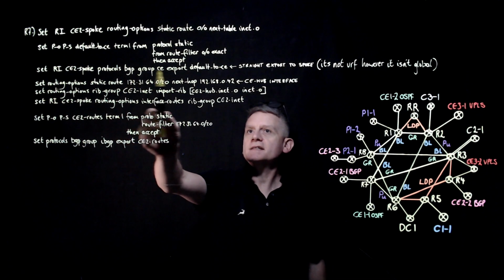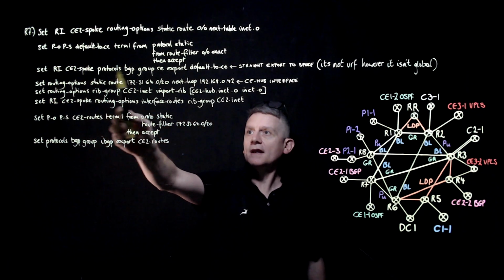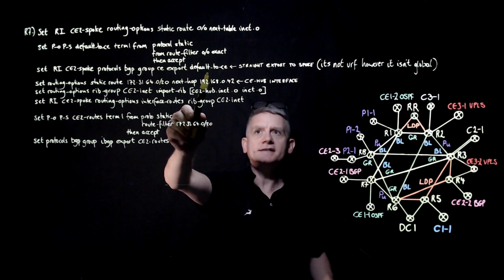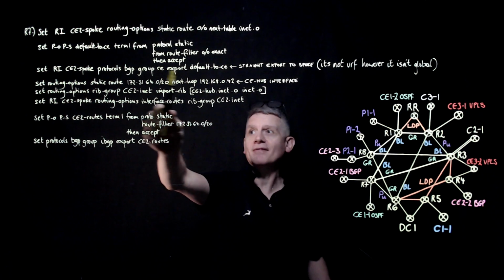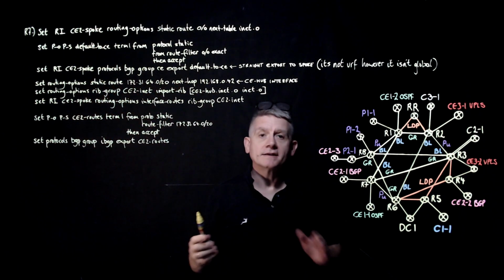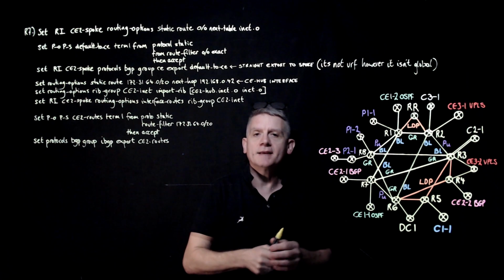So this export here is out of the spoke interface, but it's not a VRF export, it's a straight export. So it's not a VRF export, but we are inside the VRF, because of course, that's where we have to be working. Okay, so that's the first crossover from the VRF to the main table.